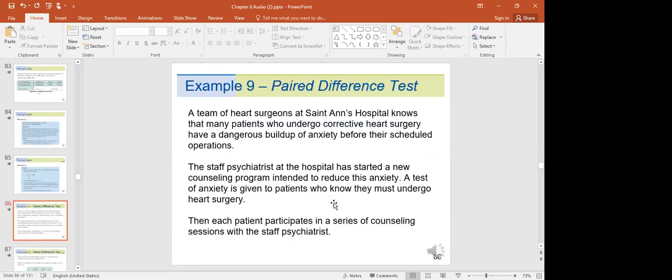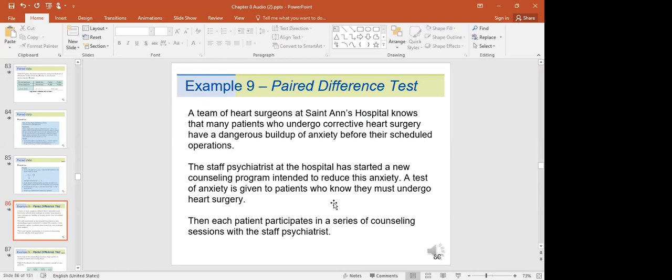Let's look at this example. A team of heart surgeons at St. Anne's Hospital knows that many patients who undergo corrective heart surgery have a dangerous buildup of anxiety before their scheduled operations. The staff psychiatrist at the hospital has started a new counseling program intended to reduce this anxiety. A test of anxiety is given to patients who know they must undergo heart surgery.